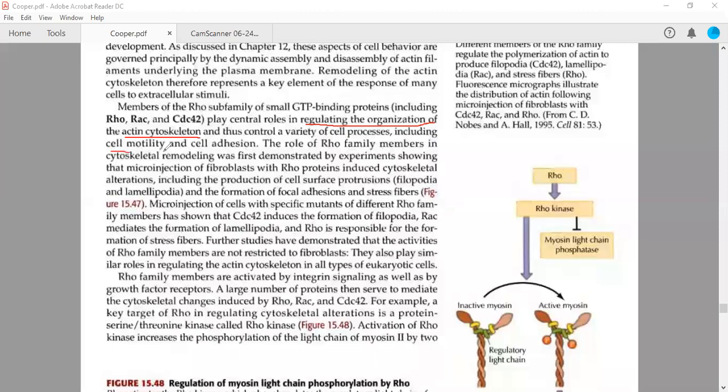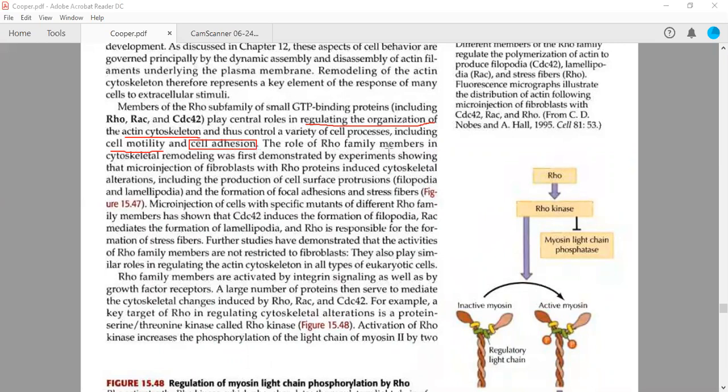The actin cytoskeleton is majorly involved in cell movements and cell adhesion too, because the focal points are where the cell, with the help of actin filaments, interacts with the cell matrix.